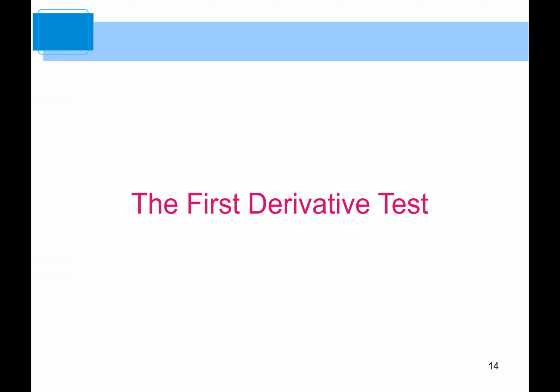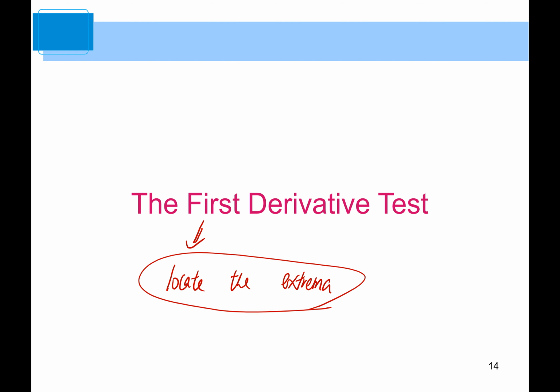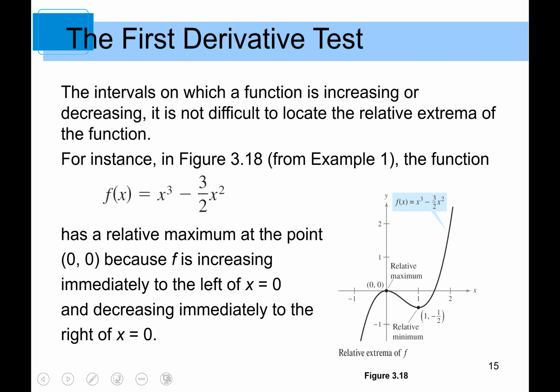And the next thing is the first derivative test. We're going to use the first derivative test to locate the extrema, if any. Once the intervals on which a function is increasing or decreasing are known, it's not difficult to locate the relative extrema of the function.